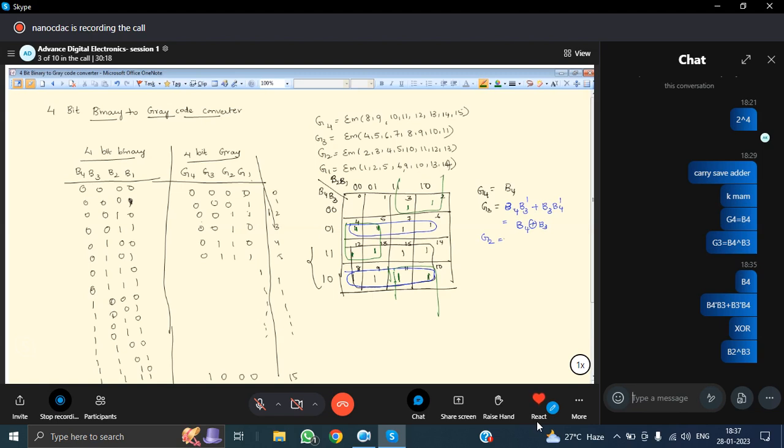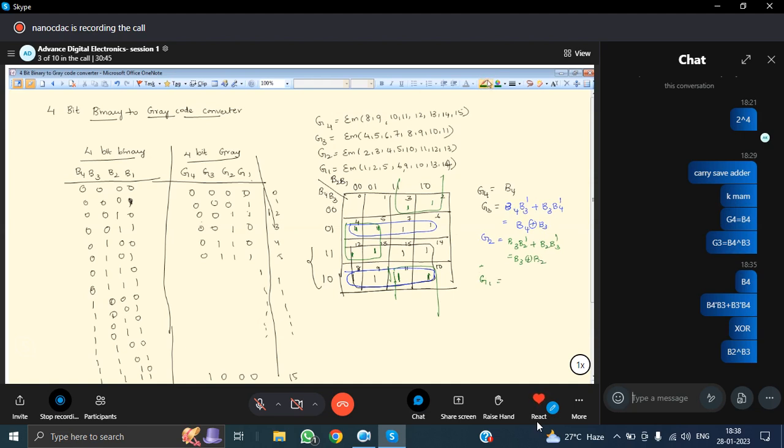Now what is the equation here? G2 is B3 B2 bar plus B2 B3 bar, which will be equal to what? B3 XOR B2.